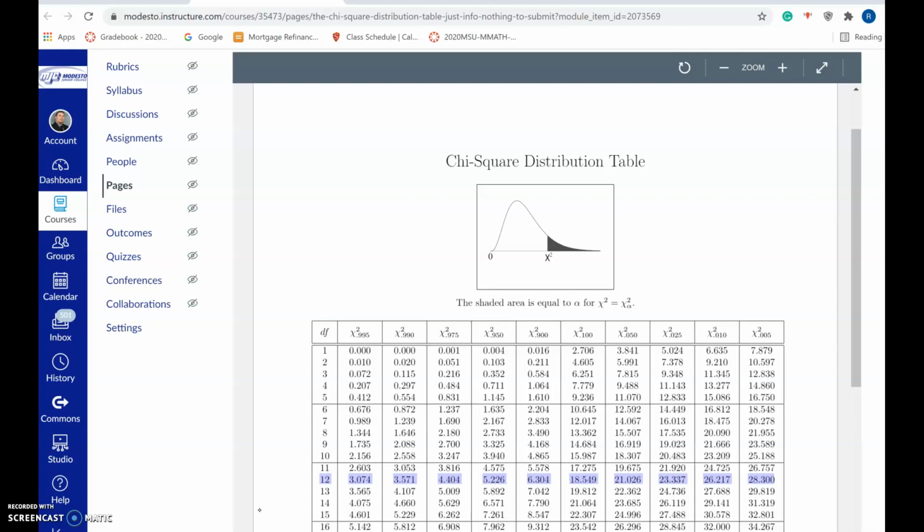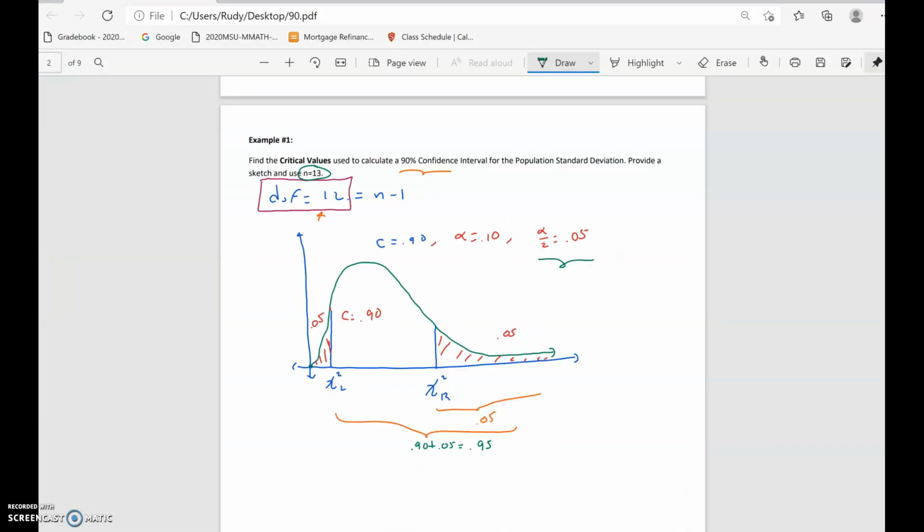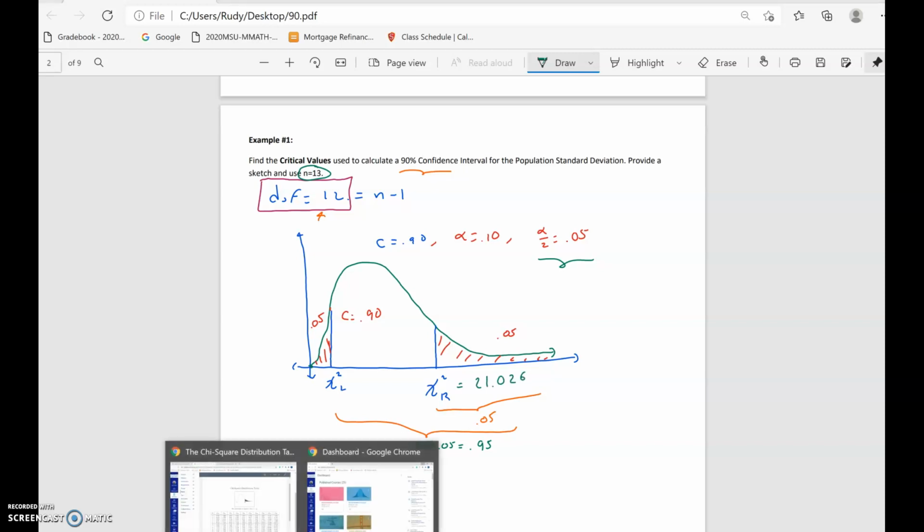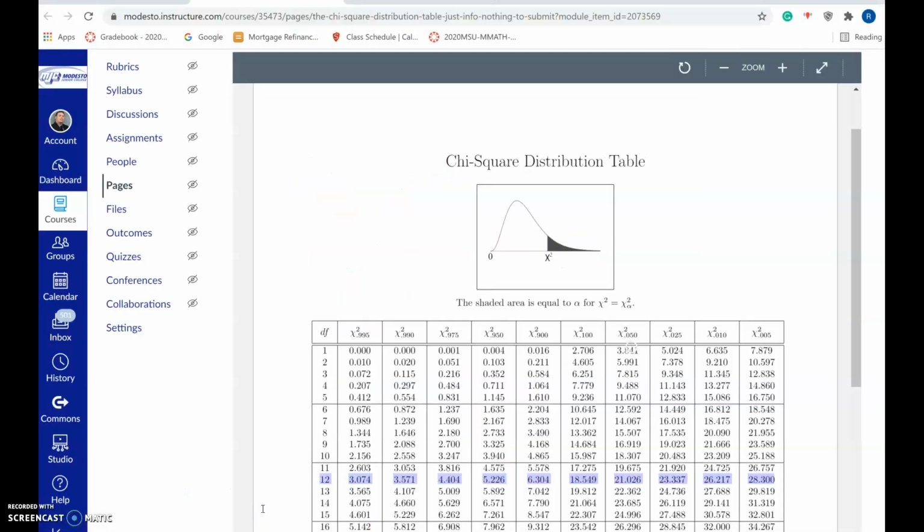One of them has 0.05, so it's going to be 21.026. So 0.05, 21.026.